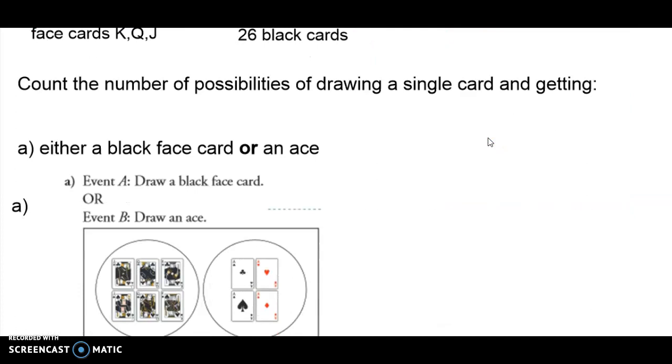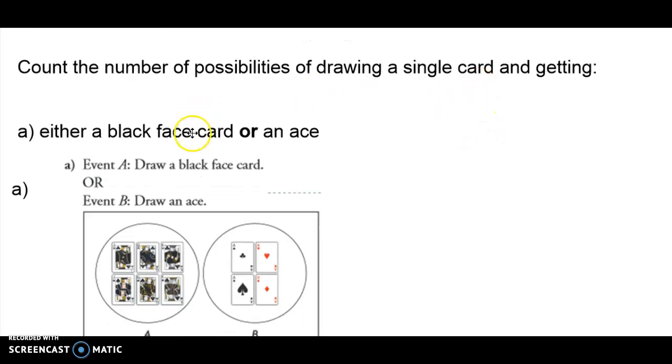The question is, count the number of possibilities of drawing a single card and getting either a black face card or an ace. The first thing we're going to look at is whether these represent a disjoint set or not. Is there an overlap or is there not an overlap?